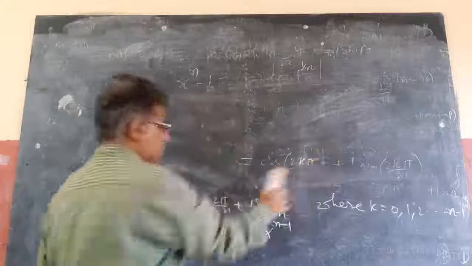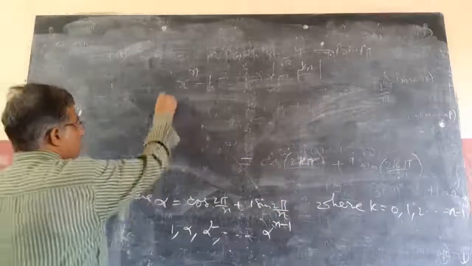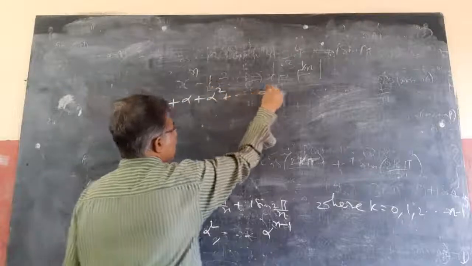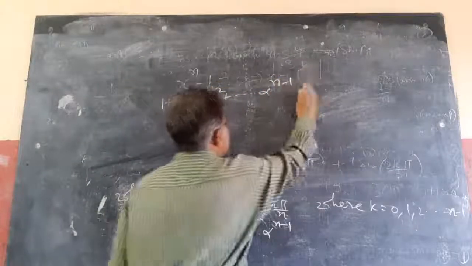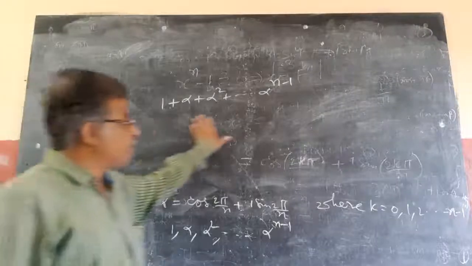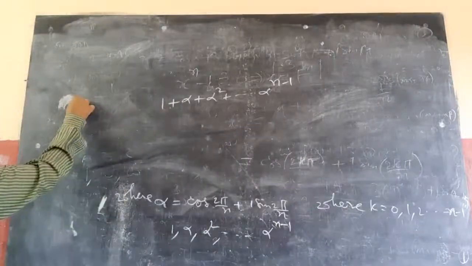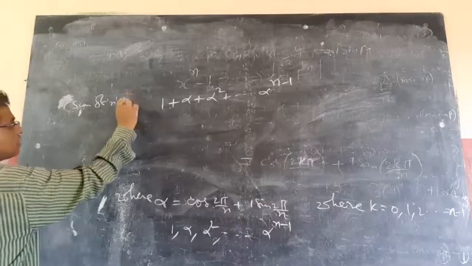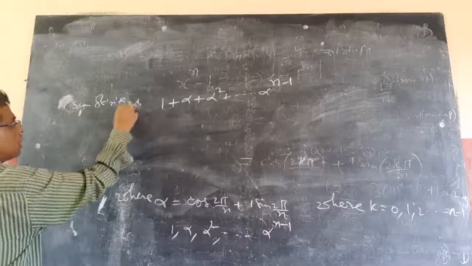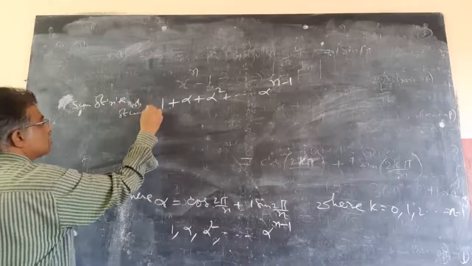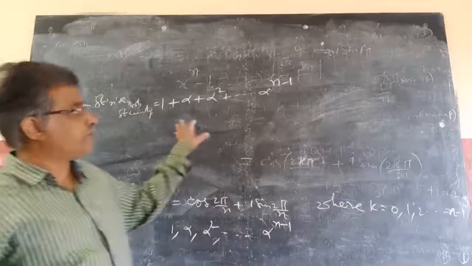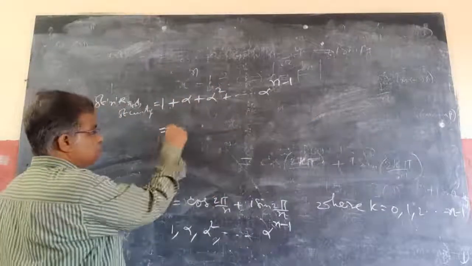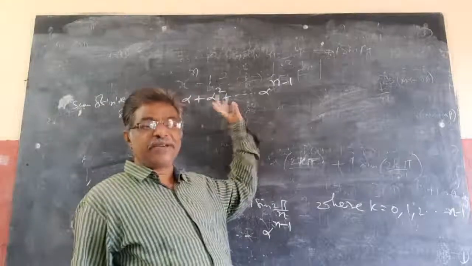The sum of nth roots of unity equals 1 plus alpha plus alpha square and so on till alpha power n minus 1. Now this is a GP only. Now if you simplify, you get that answer.